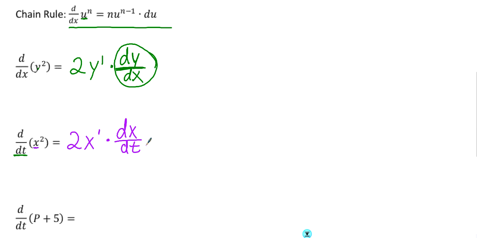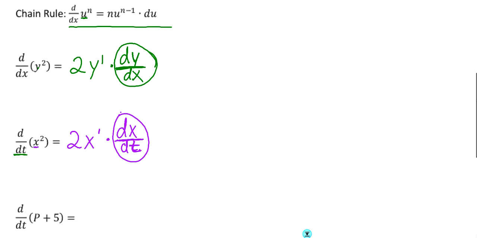Because my variables don't match, I have x with respect to t, I'm going to end up with this type of differential there. If this were just dx, taking the derivative with respect to x, we just get 2x like we did at the very beginning. Okay?